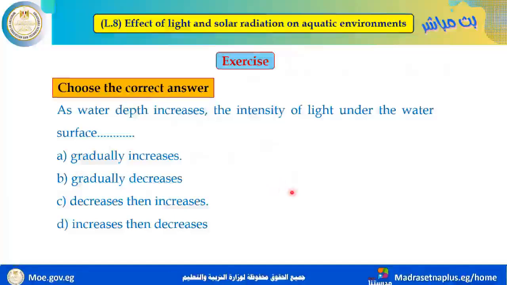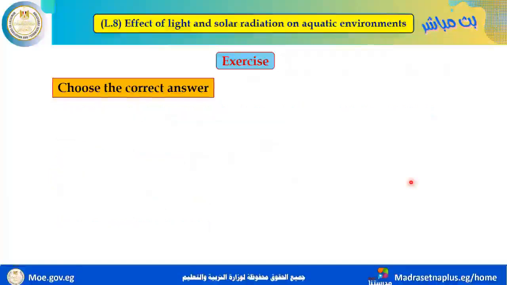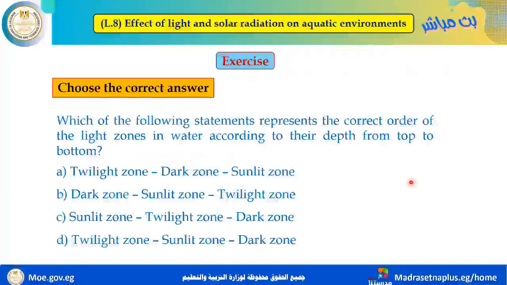Yes, you are right. Gradually decreases. I mentioned before what the relation is between the depth and the intensity of the light. Yes, it is inverse. By increasing the depth, the intensity of the light will decrease. Okay, let's go for another question.